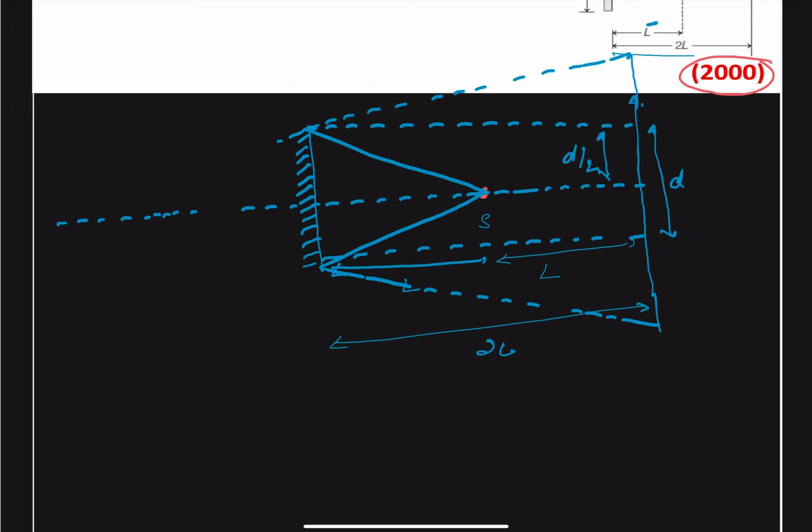If we converge them behind the mirror, they are going to form a virtual image somewhere here. Let us suppose this point is P, and we know that in the case of a mirror the distance of the object and the image will be the same.